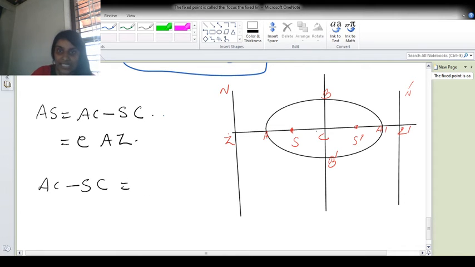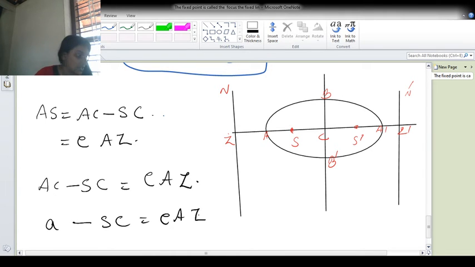So what is SC? AC is a, so a minus SC equal to e AZ.